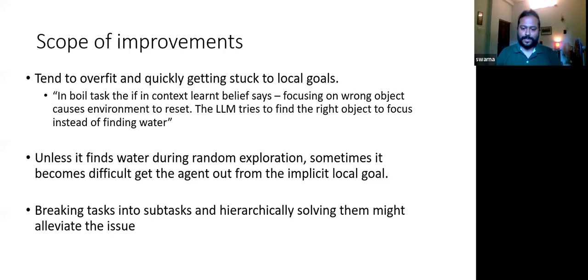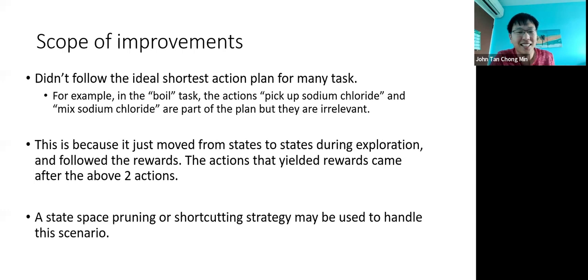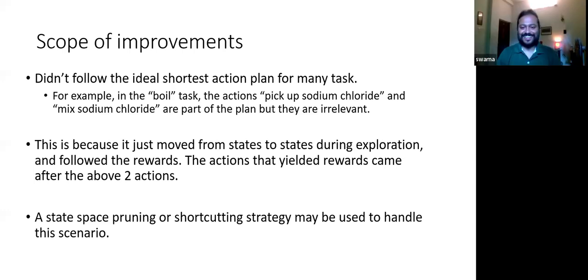These are two different subtasks, and finding the water should be the first priority. If you can break the task into subtasks, solve them, and then combine them hierarchically, probably that will alleviate this problem. Sounds like what TaskGen is trying to do. Yeah, right, exactly.